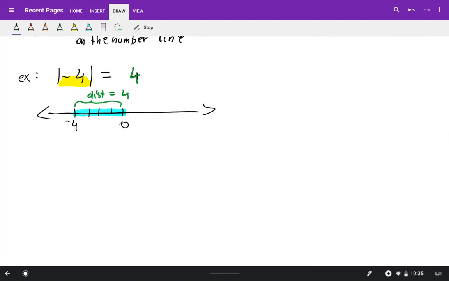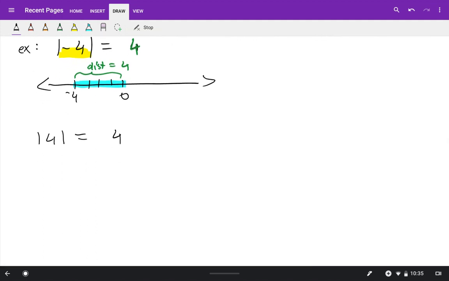And of course, absolute value of a positive number is the same number, because if you follow the definition of absolute value, which represents the distance from 0 to the number inside of the absolute value, 1, 2, 3, 4. This is 4. So the distance from 0 to 4 is 4.